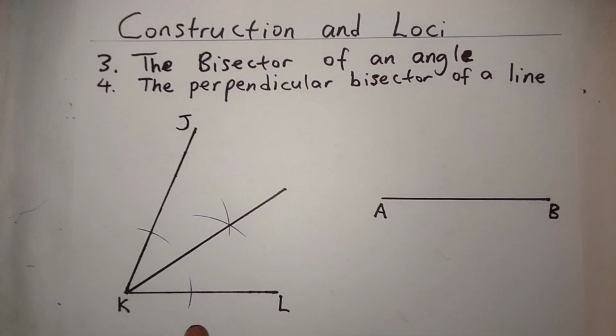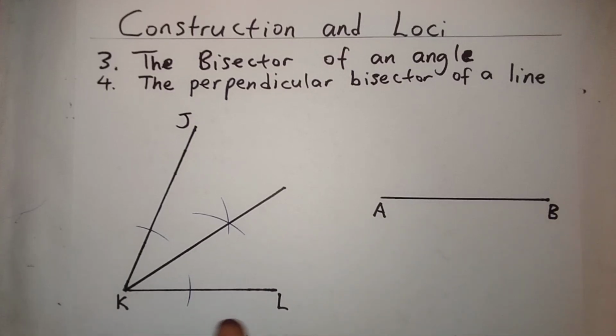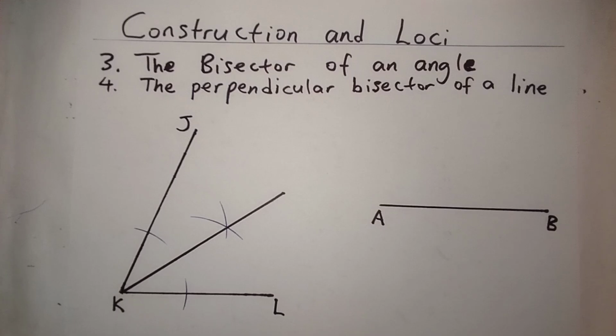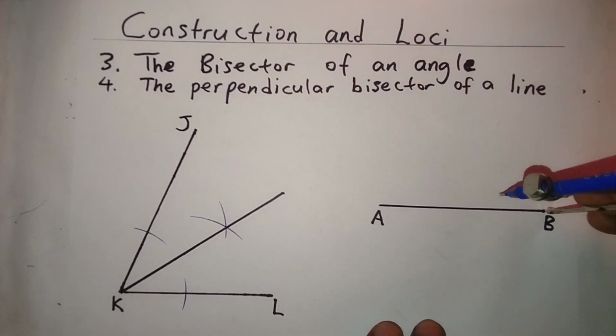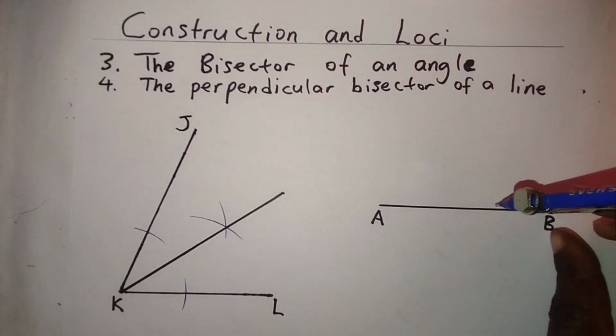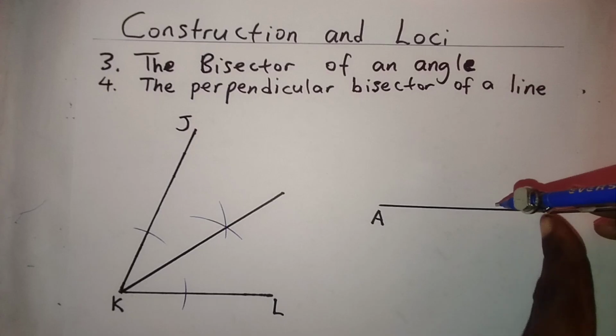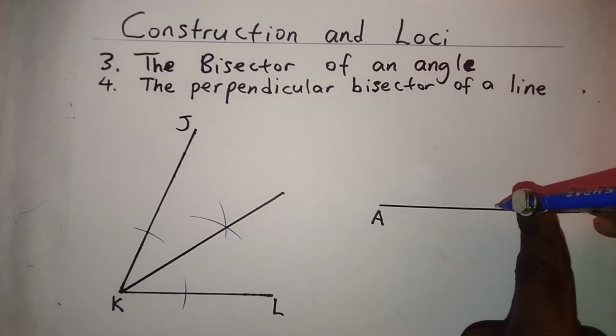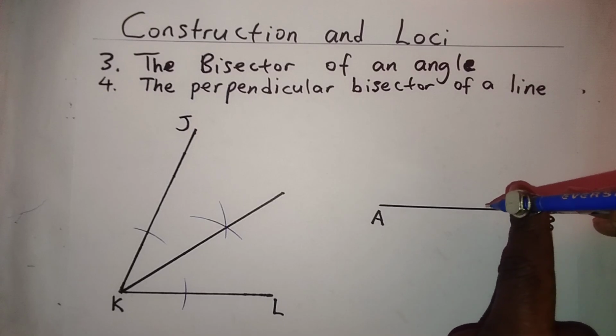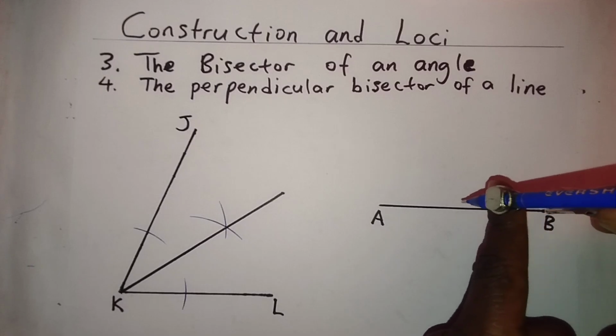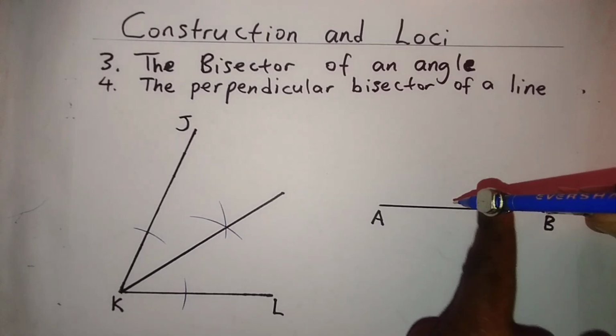Now I want to end by showing you how to construct the perpendicular bisector of a given line. In this case, we are given the line AB. So how do you construct the perpendicular bisector of AB? With A and B as my centers, the suitable radius in this case must be greater than the middle point of AB, like this, for example.